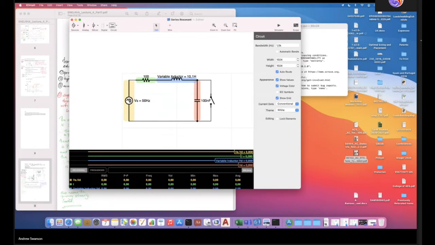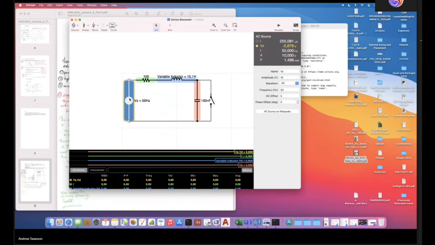Right. So let's look at this voltage source. I've got an amplitude of 10 volts, a frequency of 50 hertz.